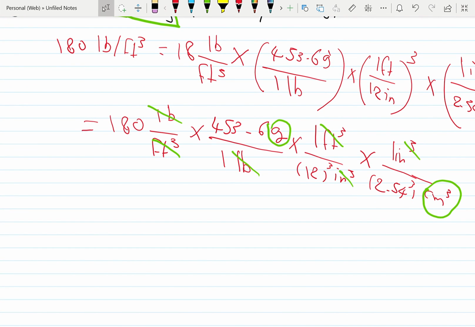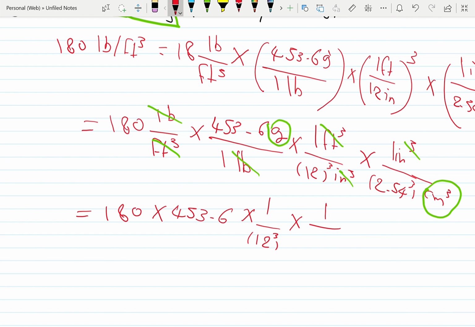So that will be equal 180. Okay, the units cancel, times, we still have the number 453.6, that is times 1 over 12 cubed. Okay, make it a bracket so we know that this is over the 12 itself, not only the 2, times 1 over 2.54, also make a bracket to show it is the cube on the whole number.